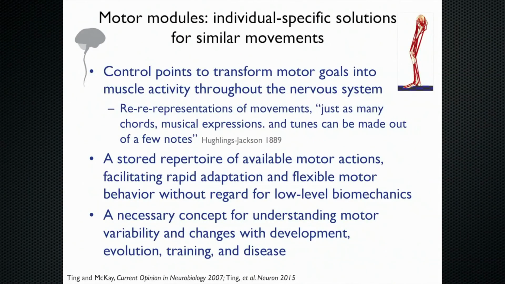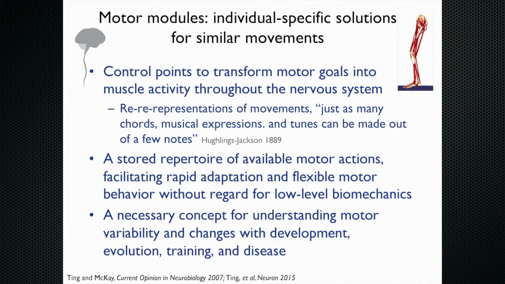Okay, so that was a fast tour of the modularity, and so the idea is that the modules are these control points that allow you to change the motor goals that you have into actual muscle activity. And this idea that we might have lots of different representations using the same set of muscles was actually proposed by Hughlings Jackson in 1889, talking about how as you go up through the nervous system, there are re-representations of movements.